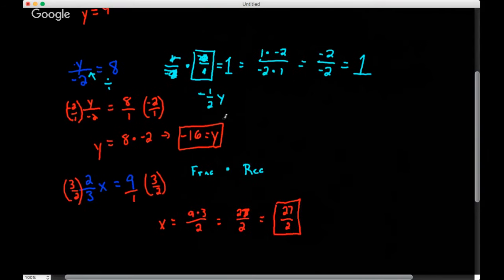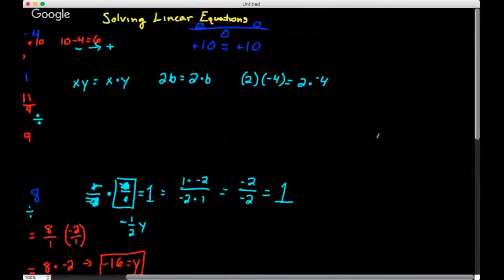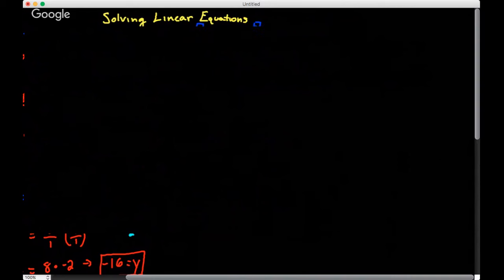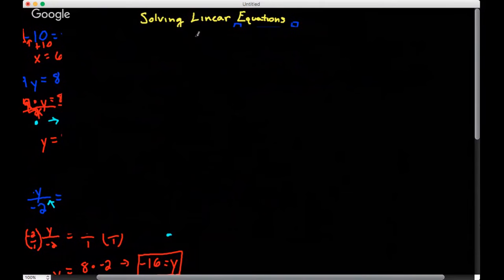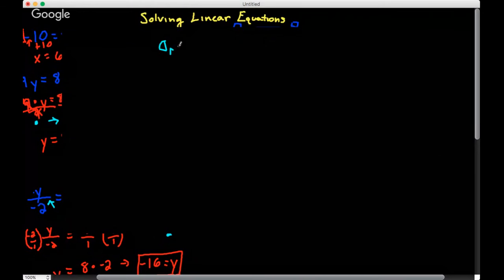So to give you an overview of what we've looked at thus far, you're going to want to think about the opposite function, okay?